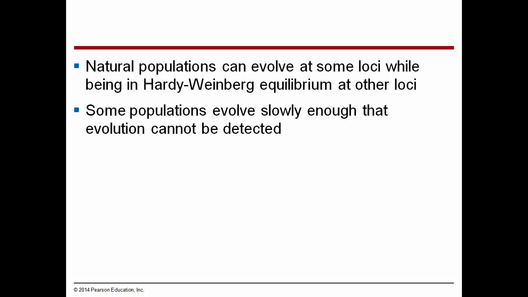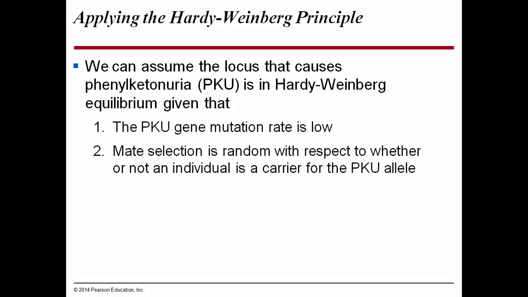Some populations evolve slowly enough that evolution cannot be detected. We can assume that the locus that causes phenylketonuria is in Hardy-Weinberg equilibrium, given that the PKU gene mutation rate is low and mate selection is random with respect to whether or not the individual is a carrier of the PKU allele.